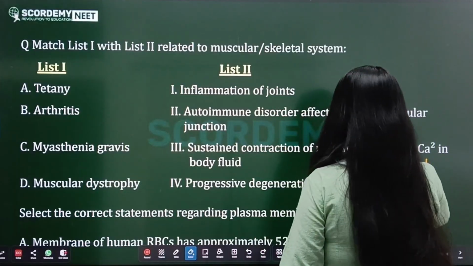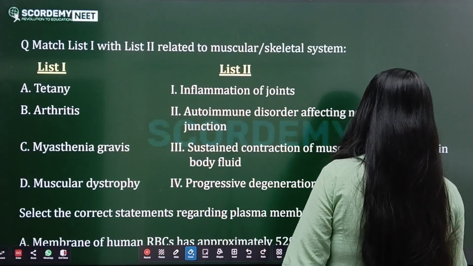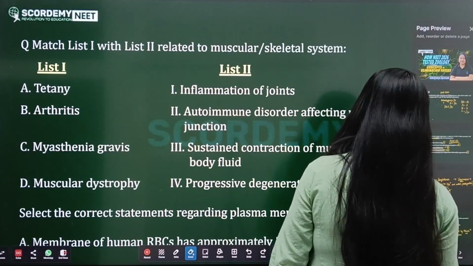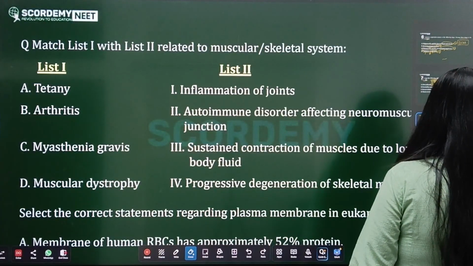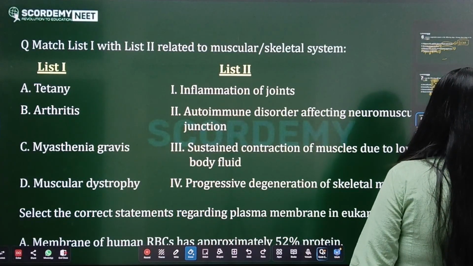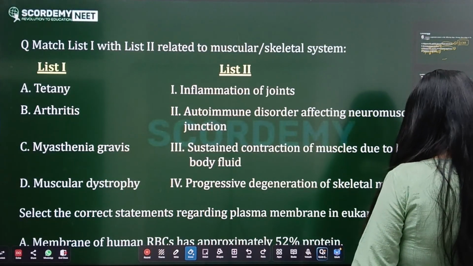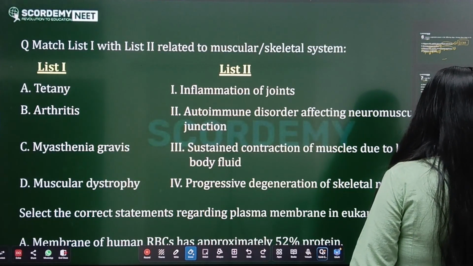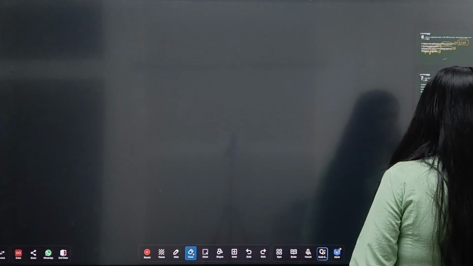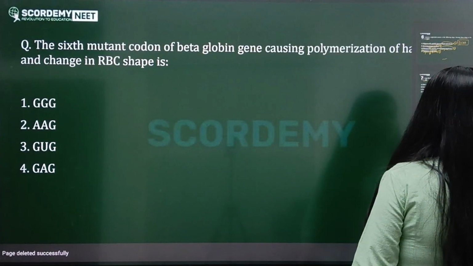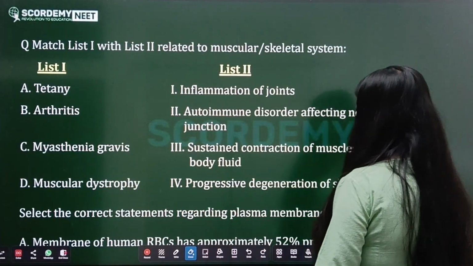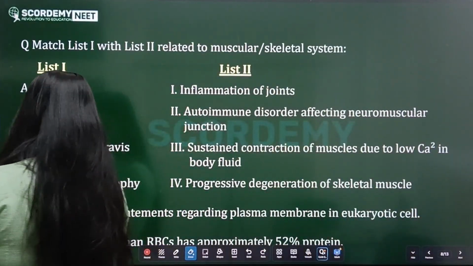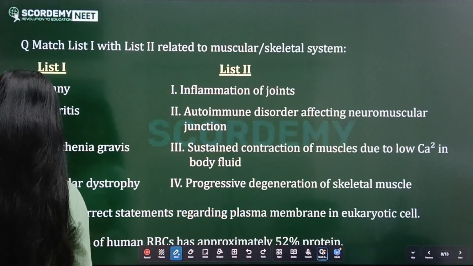Options are not given actually, anyway, no problem. Okay, no problem, please ignore this.